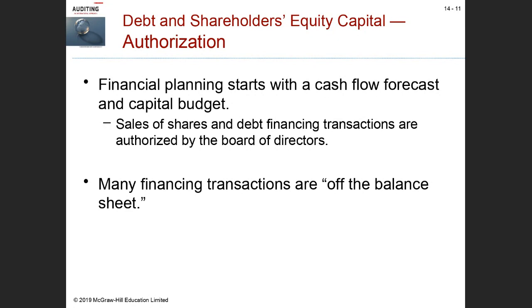So typically, derivatives would be a form of off-balance sheet financing. And to some degree, leases, so equipment may be to some degree an off-balance sheet finance activity, much less so today than it used to be because of changes in IFRS rules.